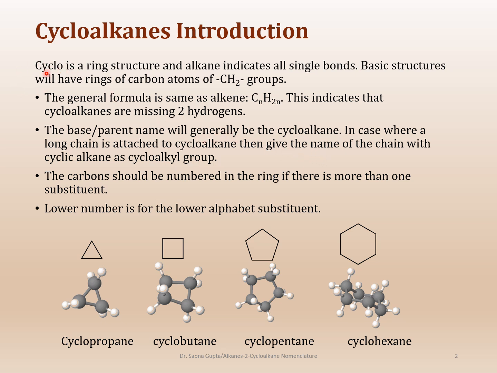So cyclo, of course, as soon as you put cyclo in something, it means it's a ring structure. The smallest ring you can have is a triangle, right? So you need at least 3 carbons for this one. The general formula of a ring is CnH2n, which is similar to an alkene, which means that from alkanes, the cycloalkanes are 2 hydrogens less, okay?